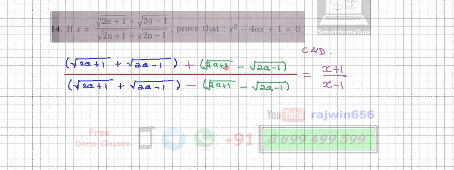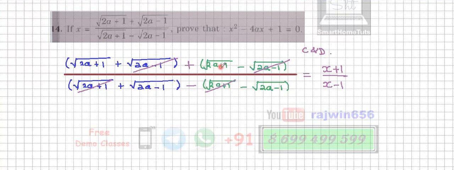Now I will open the brackets and whichever terms are getting cancelled, we'll do that. So this is plus square root of 2a minus 1 and this is minus square root of 2a minus 1. So these both terms are going to get cancelled. Same way here in the denominator also, this is square root of 2a plus 1 minus square root of 2a plus 1. So these both terms will get cancelled.